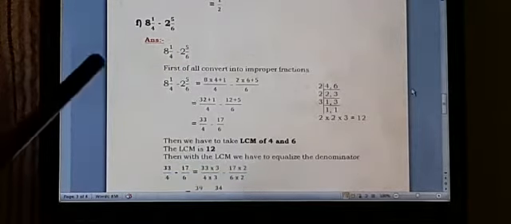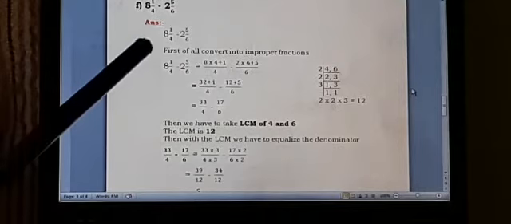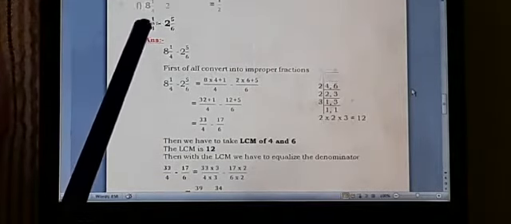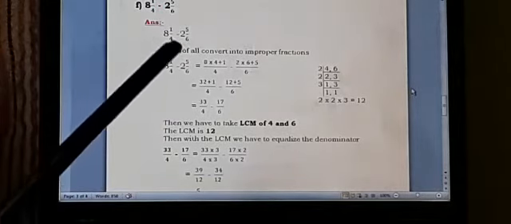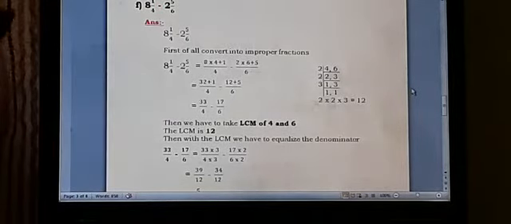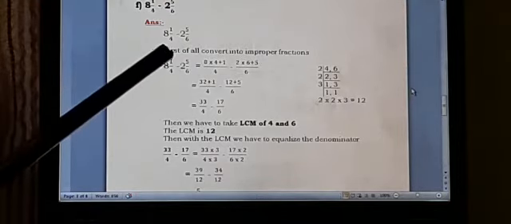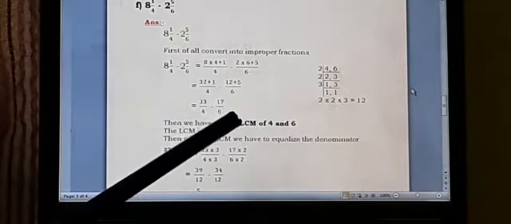Next question is also subtraction, but a small difference is that they have given mixed fractions. So the same procedure we followed in the addition, we have to follow here. Convert the mixed fractions into improper fractions.